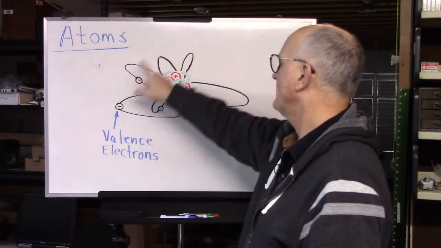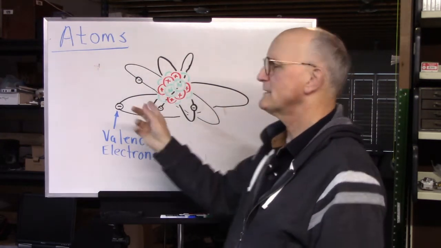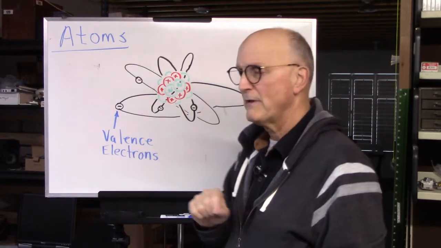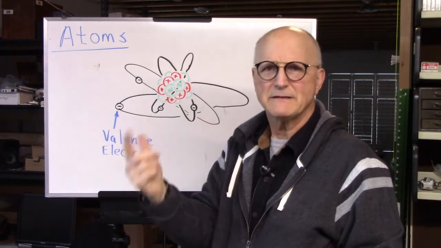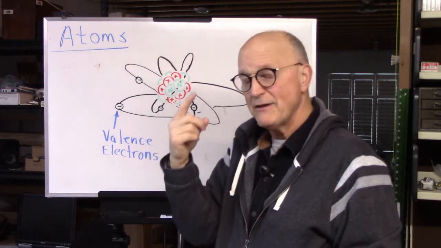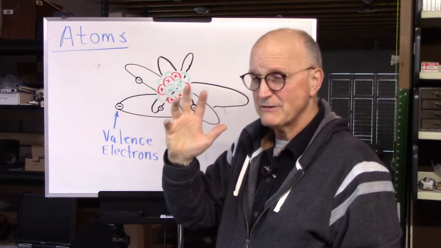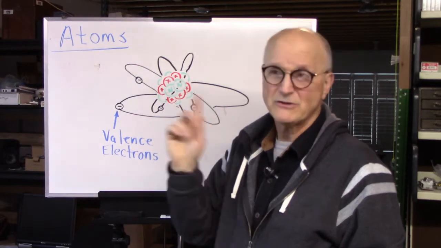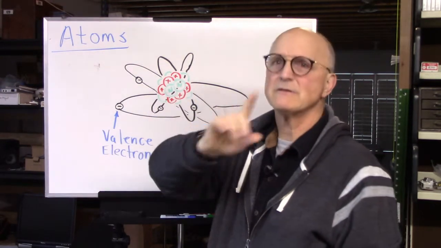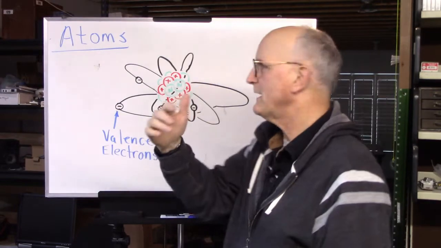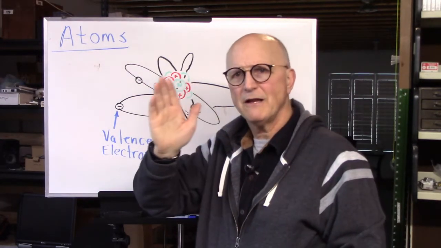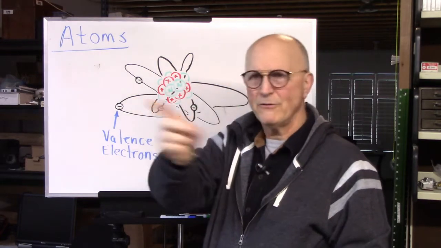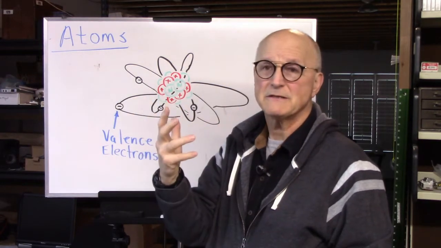And then spinning around this nucleus are the electrons, and these are kind of like our planets in our solar system, but think of it, our planets are not all on one track. They're in different layers around the sun. In a similar fashion, these electrons are at different levels around this nucleus.